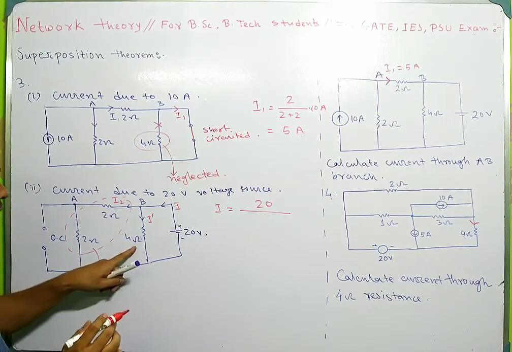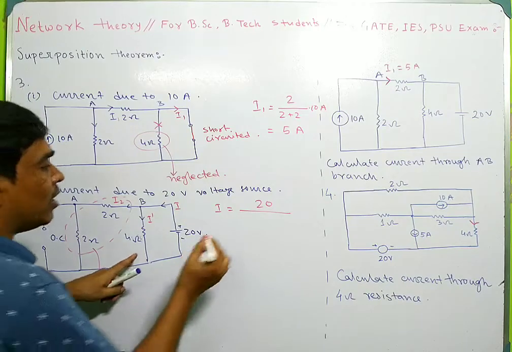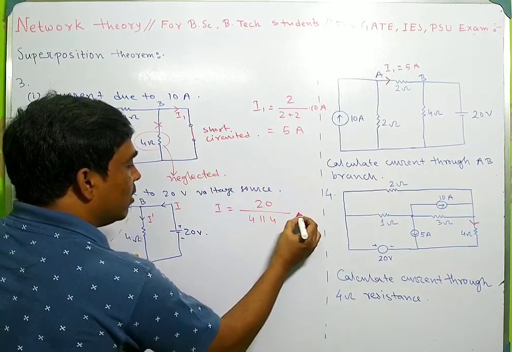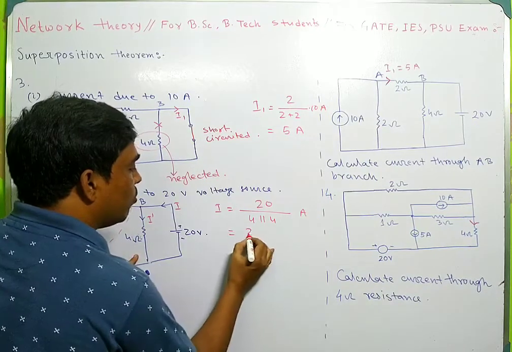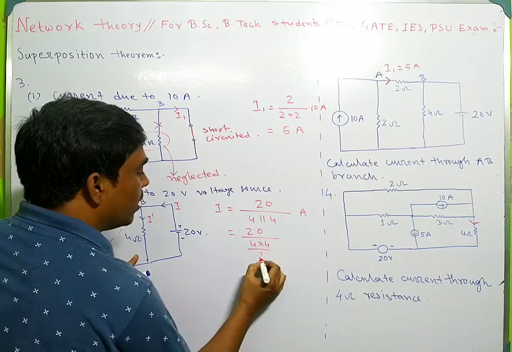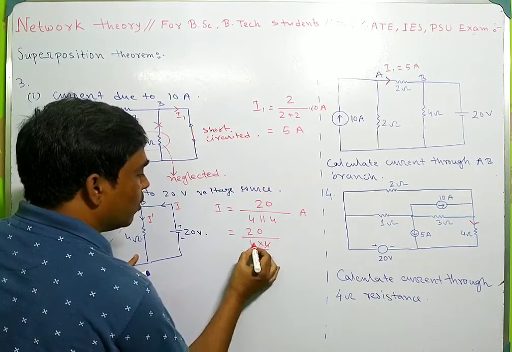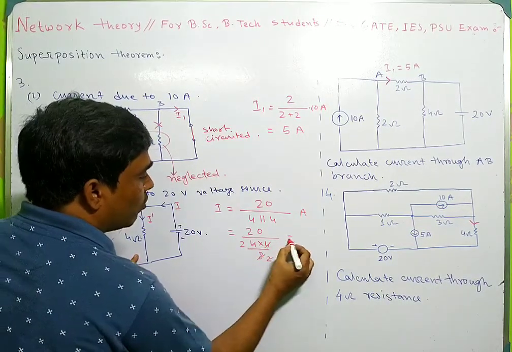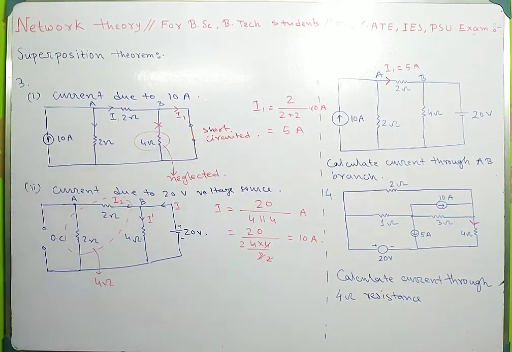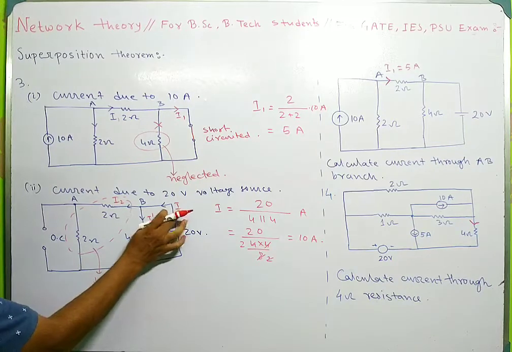This 4 ohm and this 4 ohm are in parallel, so the equivalent is 4 parallel 4. So this will be 20 divided by 4 into 4 divided by 8, which is 2. So it will be 10 ampere. So this current is 10 ampere.